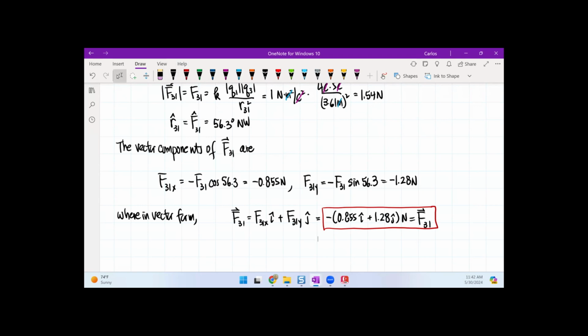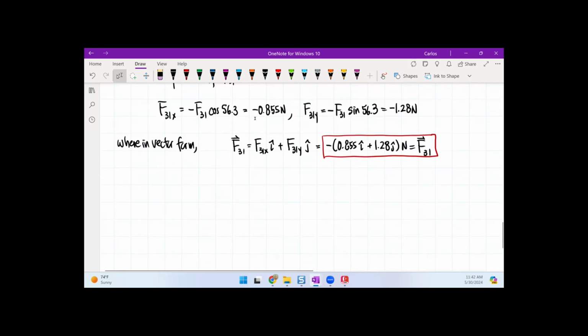So let's look at this here. Graphically, what do we see? Graphically, the net force on Q1 due to Q2 and Q3 is something like this.